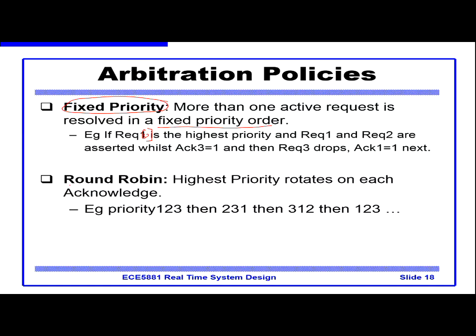Round robin tackles that problem by rotating the priority on each acknowledge cycle. The first one you may allocate in the same order of priority as fixed priority, but on the next allocation you rotate the priority so the second request then has the highest priority, and so on. That then shares the resource more fairly in principle.